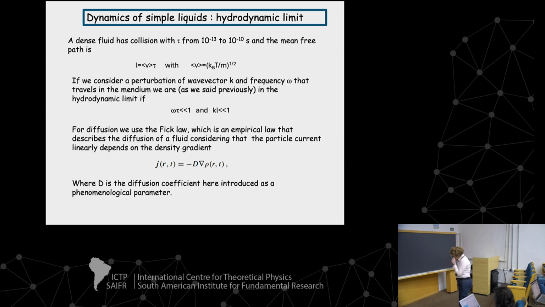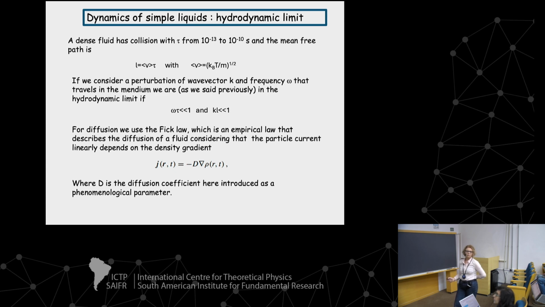Then we can consider the fluid as a continuum, and for diffusion we can use the famous Fick law in the liquid state. I don't know whether you have heard of Fick law already or not, but Fick law is an empirical law, so there is nothing to understand. It describes the diffusion of a fluid, hypothesizing and then confirming with experiments that the particle current, which is this J, depends linearly on the gradient of the density, okay?